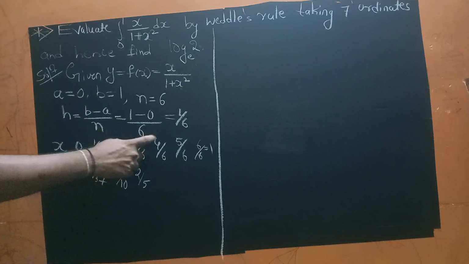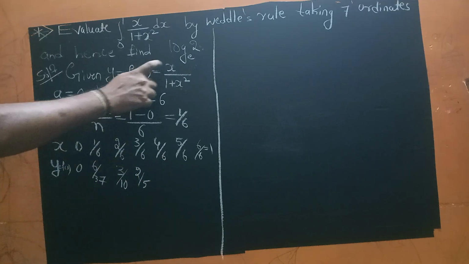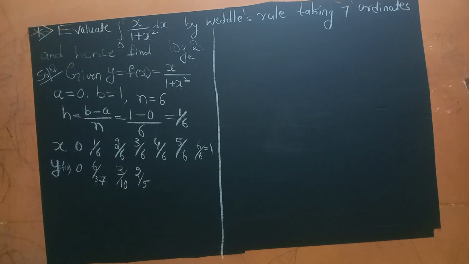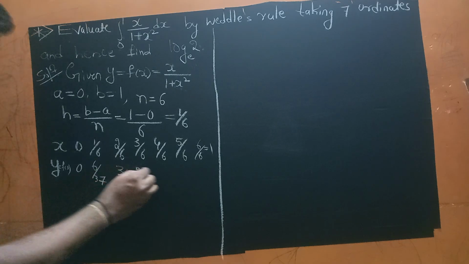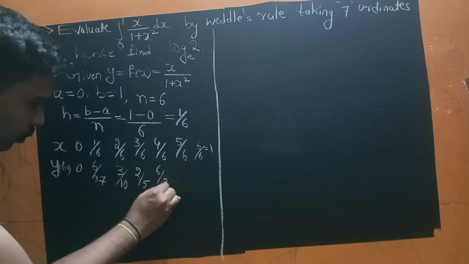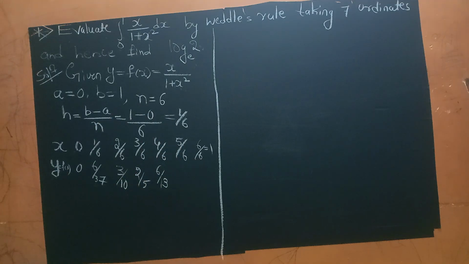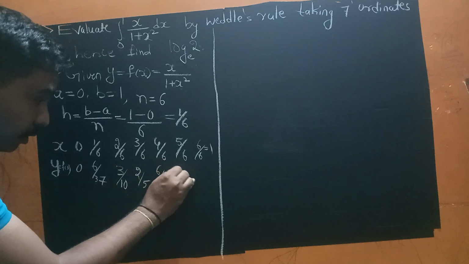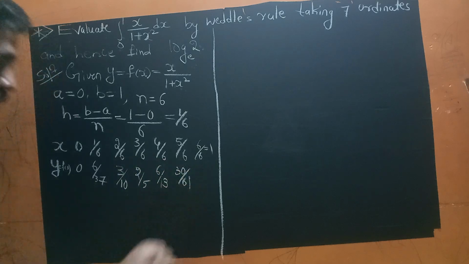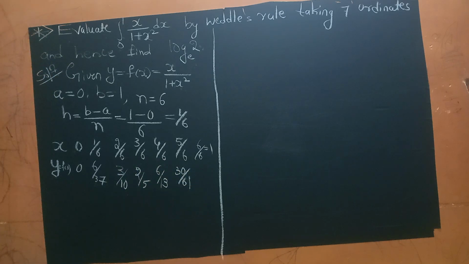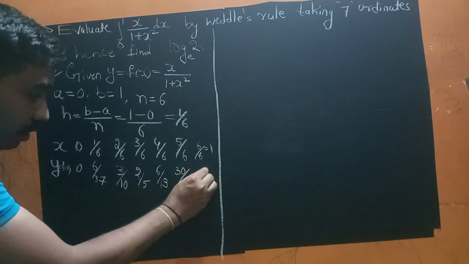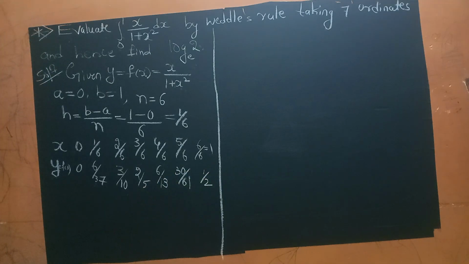If we replace 4 by 6 in f of x, the corresponding value will be 6 by 13. If I replace x equal to 5 by 6, the corresponding y value will be 30 by 61. If I replace x equal to 1, the corresponding value will be 1 by 2.